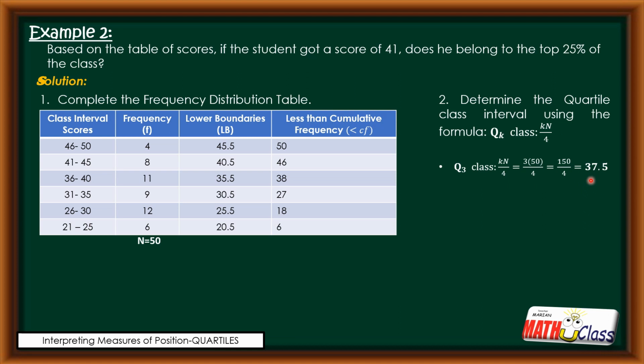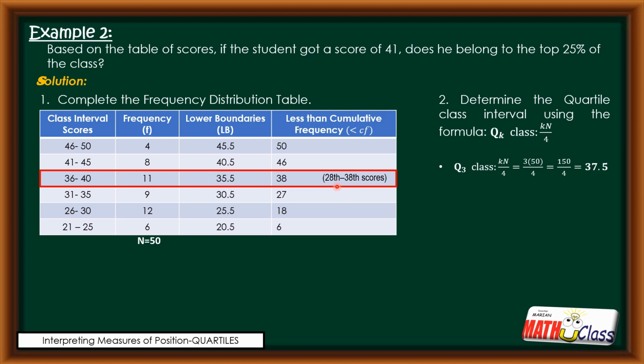This means we need to find the class interval where the 37.5th score is obtained. Note that the 28th to 38th scores belong to the class interval 36 to 40. So, the 37.5th score is also within the class interval. The Q3 class is class interval 36 to 40.